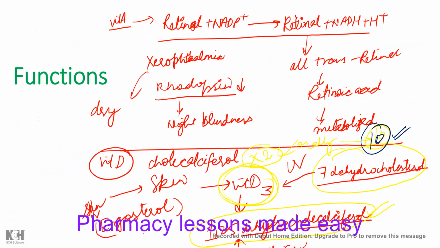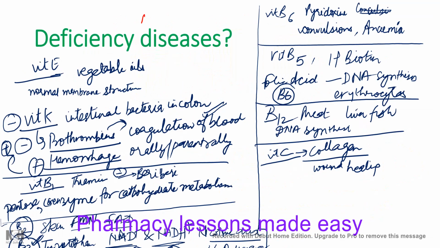Okay, so if you are taking vitamin C properly, your wound will get healed at a faster rate. If I talk about its deficiency diseases, vitamin C deficiency leads to a disease which is called scurvy. Scurvy means the swelling of your gums. Okay, the important factor associated with these water soluble vitamins, especially vitamin C, is that they cannot be stored in the body.